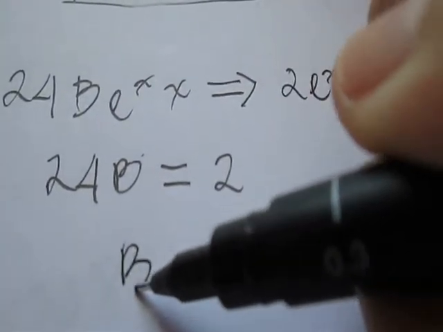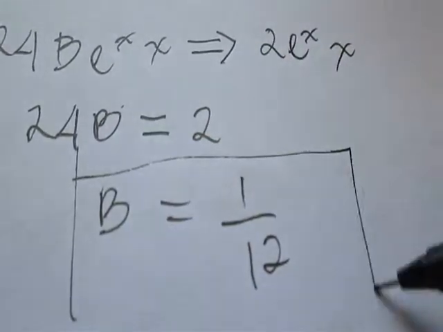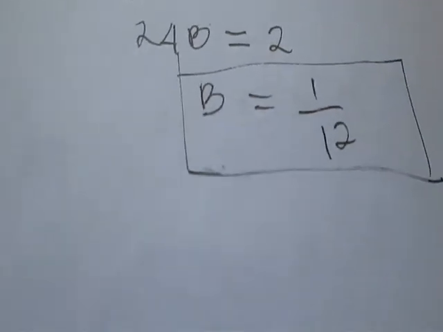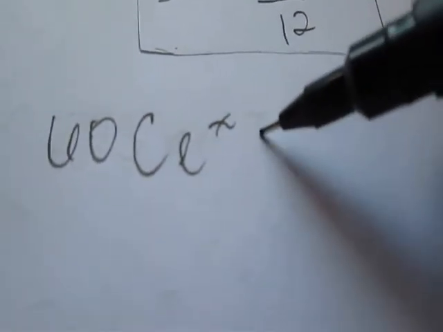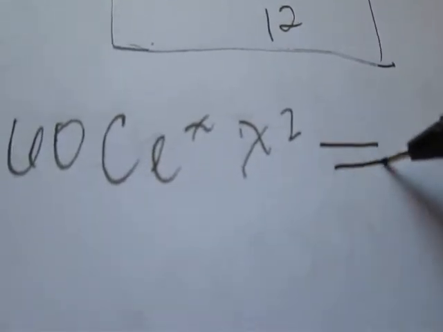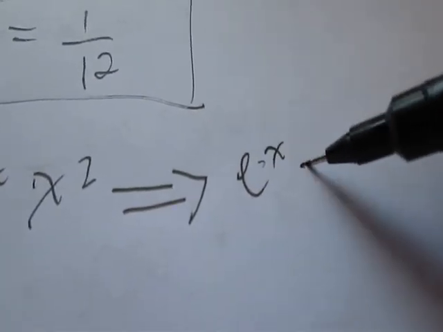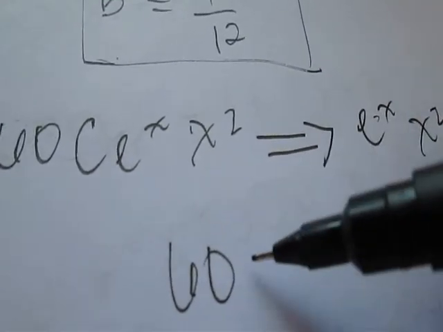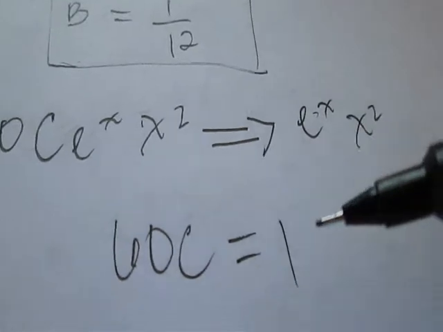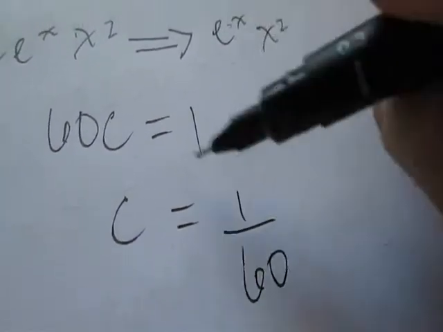Then getting b, we have b equals 1 over 12. Then for our c, we have the term 60c e to the power of x squared, and in our right hand side we have e to the power of x squared, so we have 60c is equal to 1, so c is equal to 1 over 60.